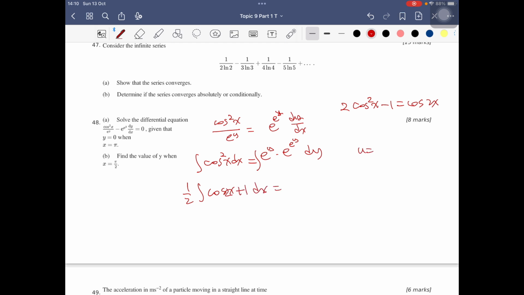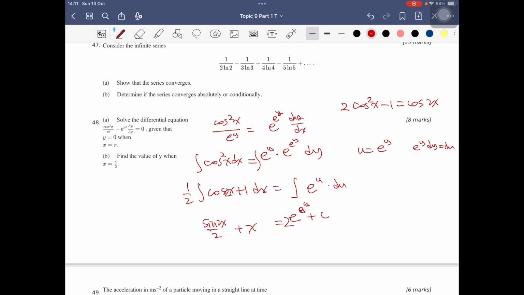And when we substitute u as e to the power of y, then the integral of e to the u du is e to the u plus c, but u is e to the power of y. It becomes sine 2x over 2 plus x.